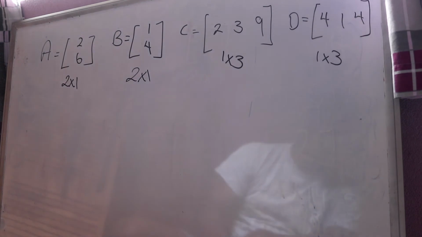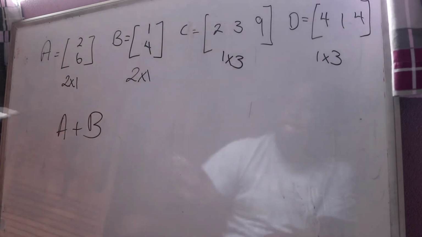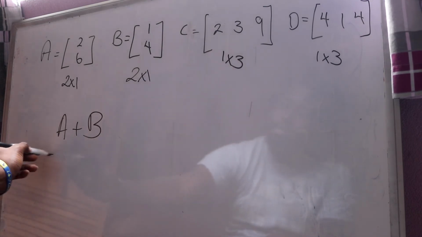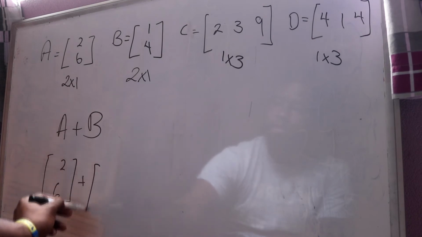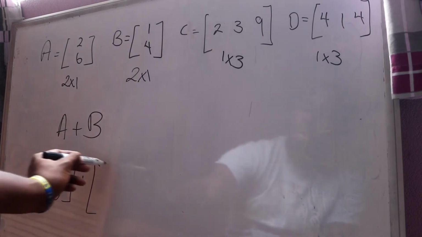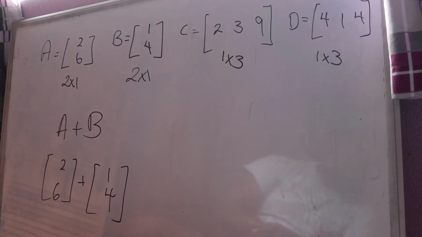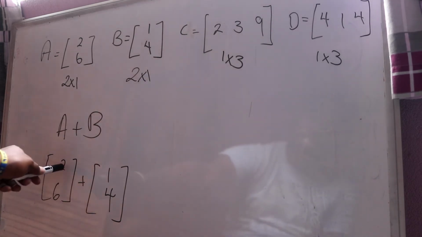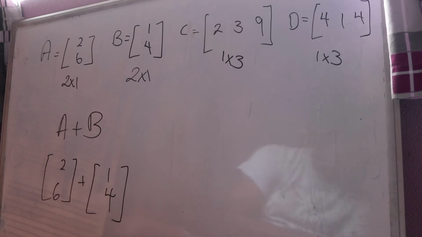So we can add matrix A and matrix B. Matrix A is 2, 6, and matrix B is 1, 4. Adding matrices is a lot like matching: you match the numbers, or elements, in the same position. So we match this 2 with the 1 because they both take the top position.